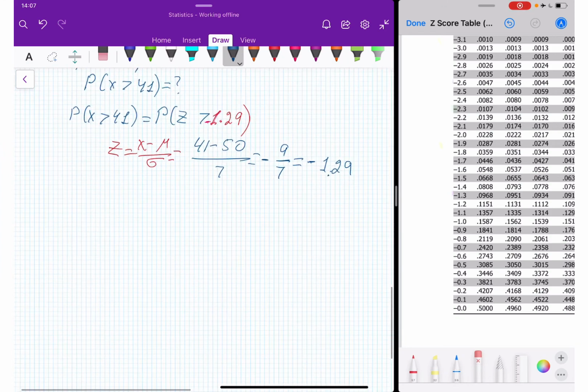So from here, probability for x less than 41, because we need to find how much less than first, right? Is equal probability for z-score is less than negative 1.29. So where is negative 1.29?